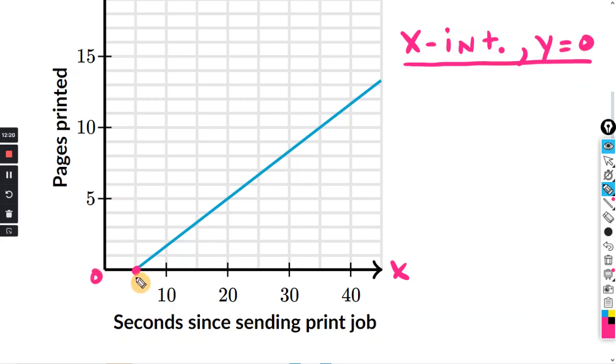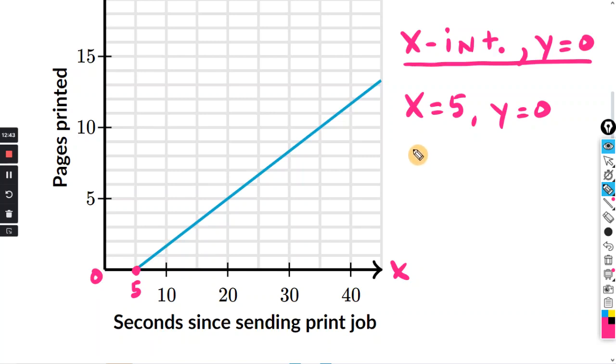And this point right here, if this is 10 and this is 0, this must be a 5. So x equals 5 seconds since sending the print job, and that is at y equals 0. So 5 seconds since sending the print job.